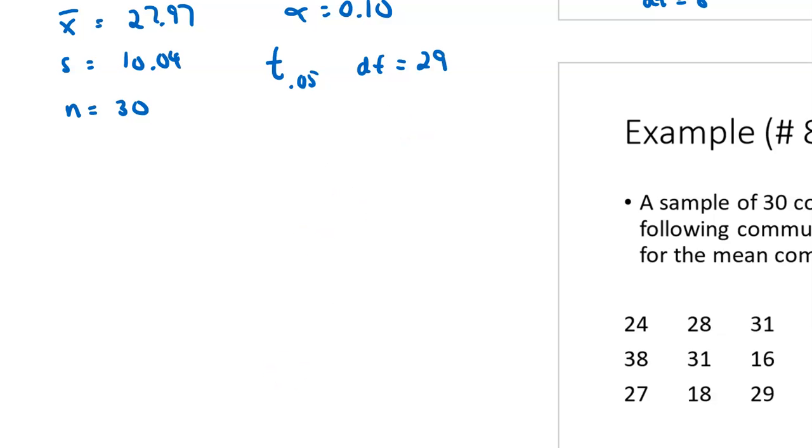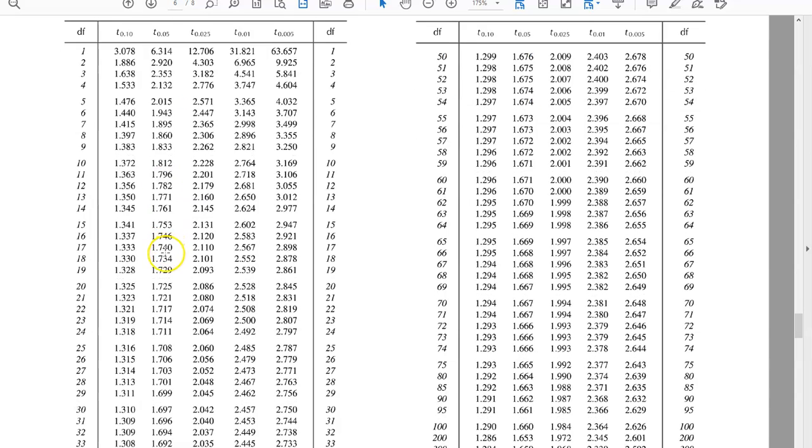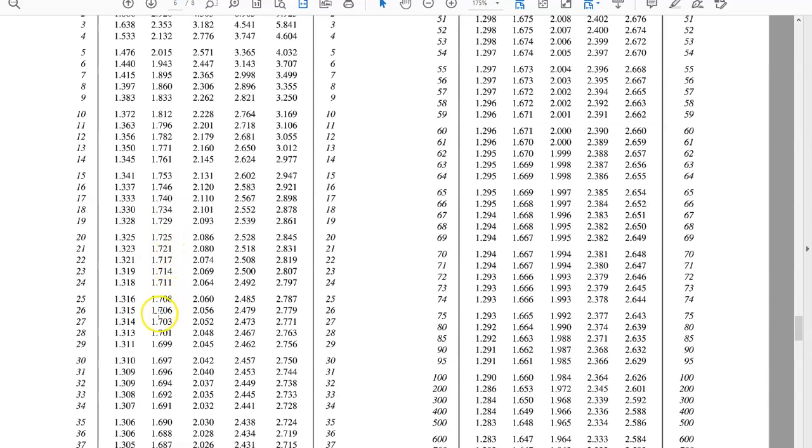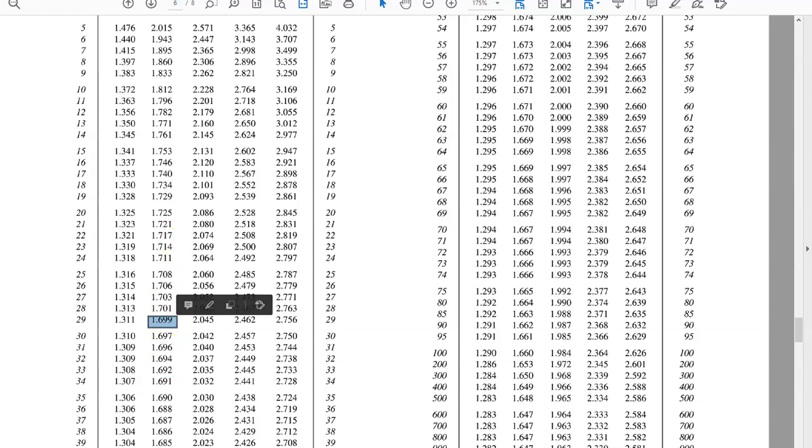All right, let's figure out what that number is from our t chart. So t of 0.05 for 29 degrees of freedom gives me 1.699. Right? 29 degrees of freedom, t of 0.05, 1.699.